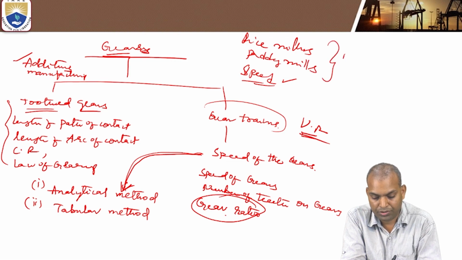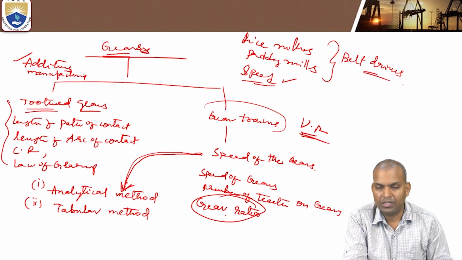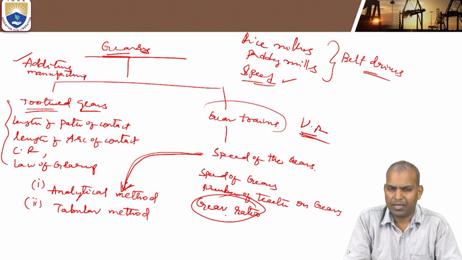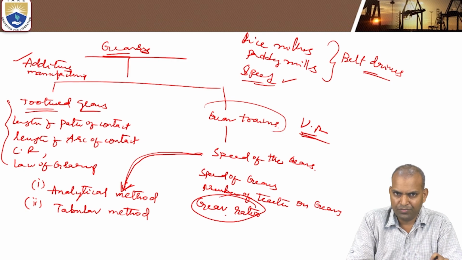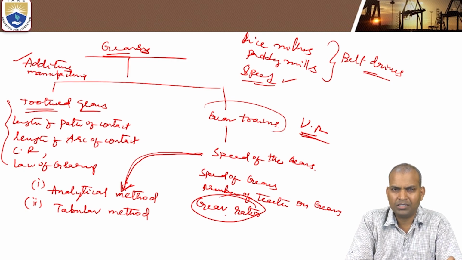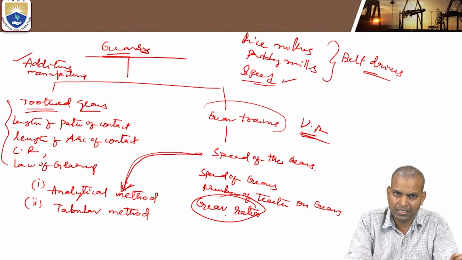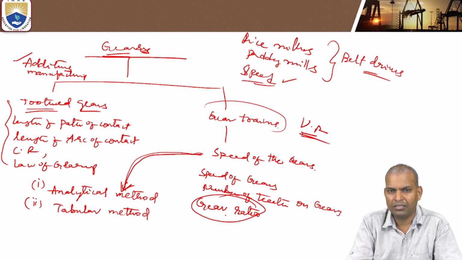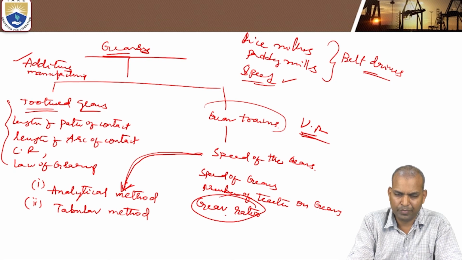Some advantages and some disadvantages are there everywhere. But the thing is, what is our requirement? Based on the requirement, we select the drives, whether gears or belt drives, gear trains or belt drives.